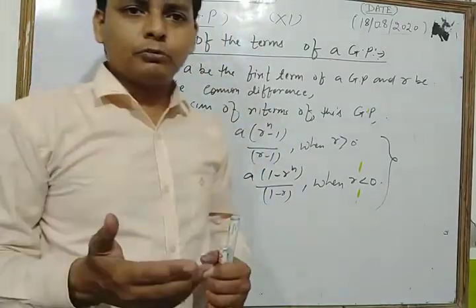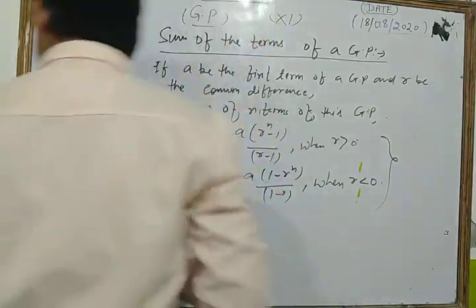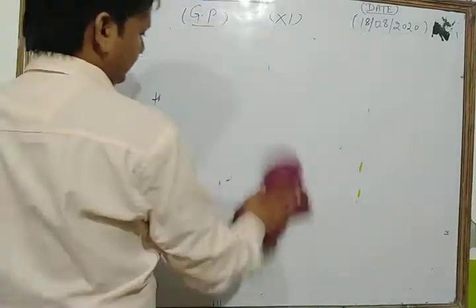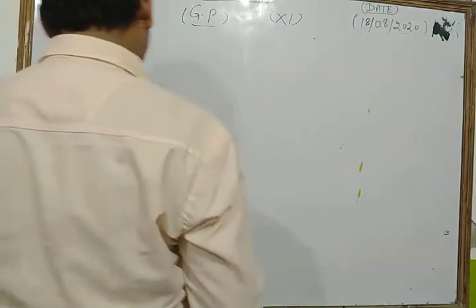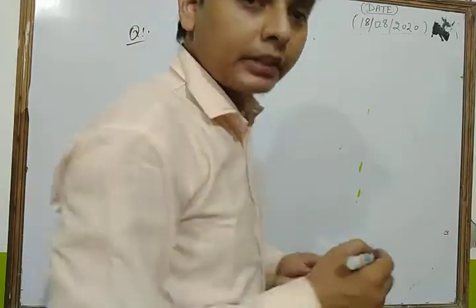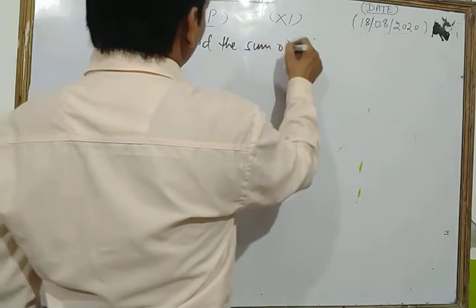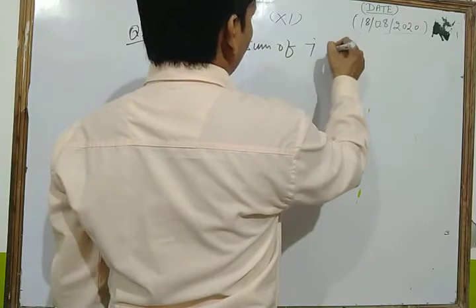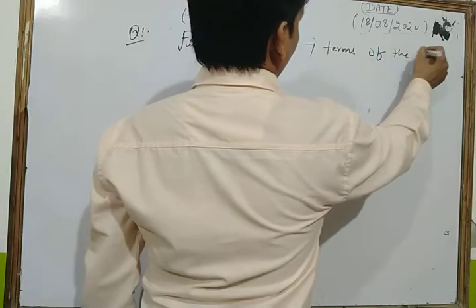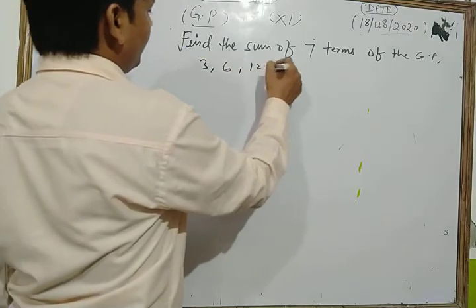Now we take some questions and solve them based on these formulas. Let's see the next question: find the sum of 7 terms of the GP 3, 6, 12 and so on.